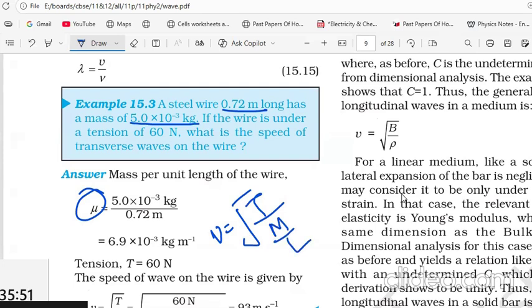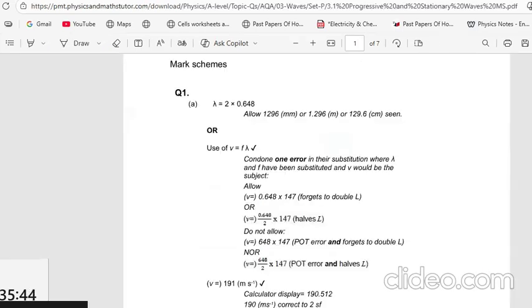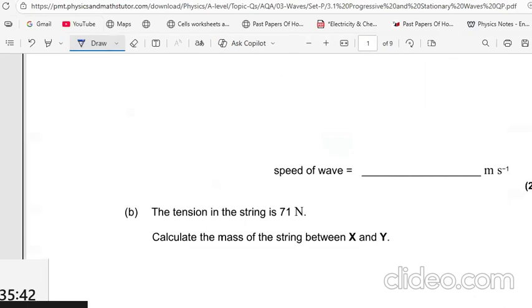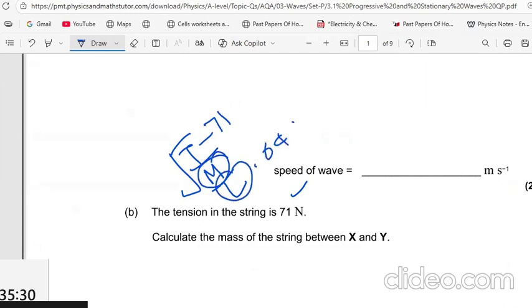Now in that question he's asking you the mass, I think. Tension is given. So it was under root T L by m. This is given to be 71. Mass is asked, length is 0.648. You were given the speed from the previous part, and then you solve this.